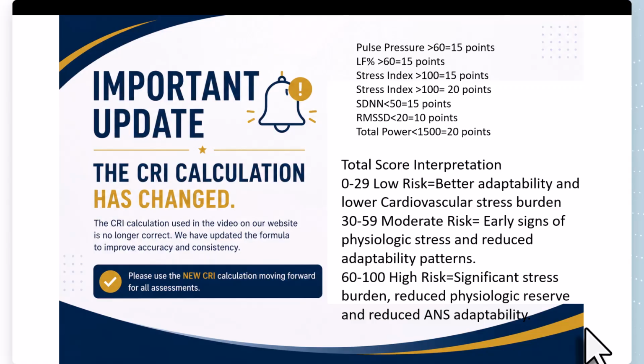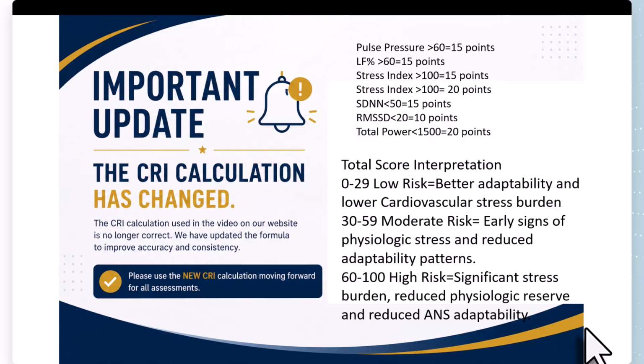It is calculated here, so you can probably save some lives and prevent problems way beforehand. The cardiovascular risk index calculation has changed, and this is the change I want to go over with you. We have an updated formula and you'll be right on and accurate.